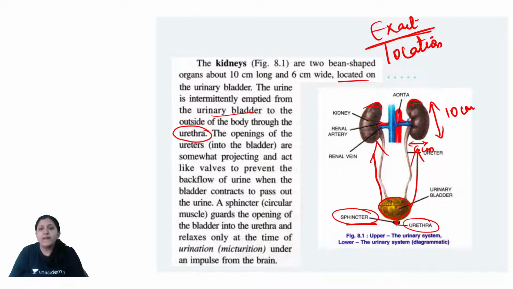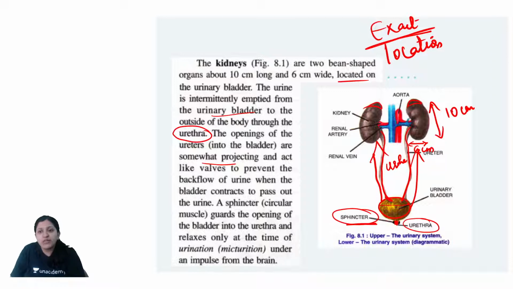Now here are the openings of the ureter. As you can see, this is a ureter which is opening into the urinary bladder. That means urine is collected from here and reaches the urinary bladder. The openings of the ureters into the bladder are somewhat projecting.